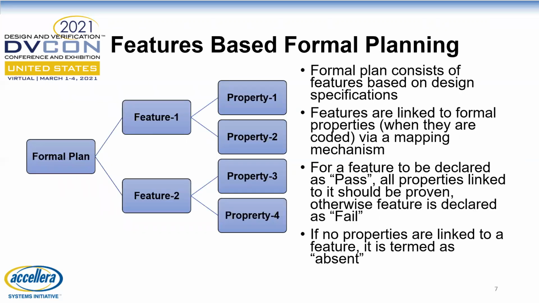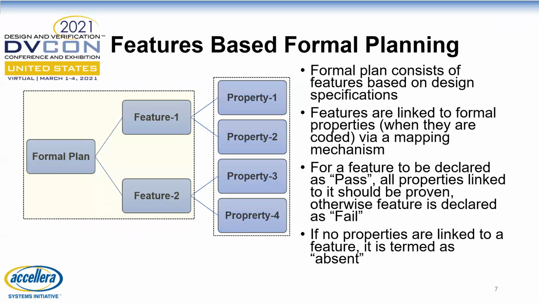So this is what we propose. We recommend that the formal verification plan must consist of the design features to be verified. So as you can see, we propose that in the formal plan, we capture only the features. Features are linked to properties via a mapping mechanism. If all the properties linked to a feature are proven, only then the feature is referred to as pass.